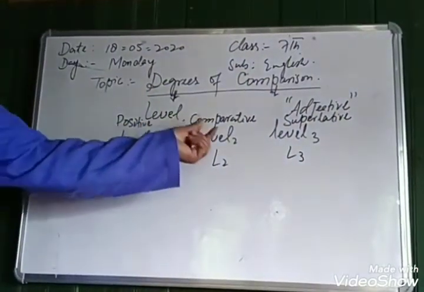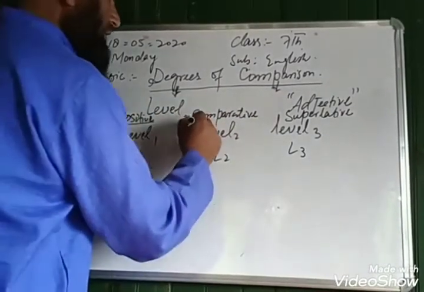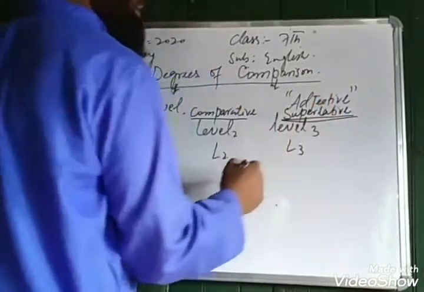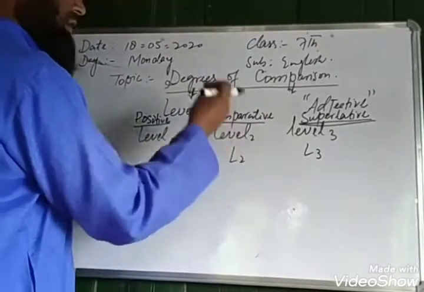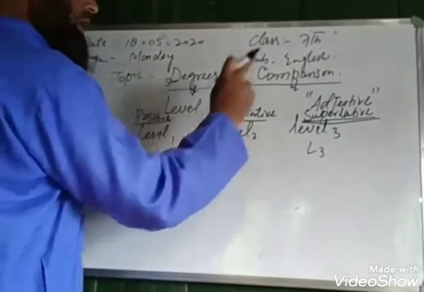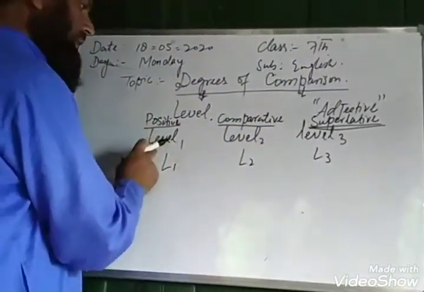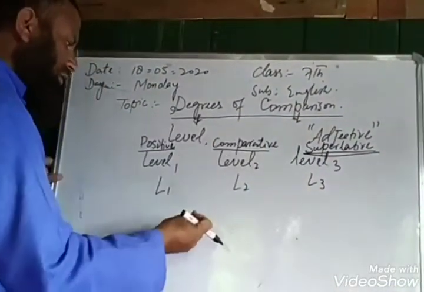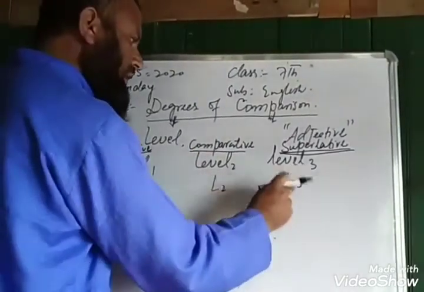Positive, comparative, superlative are the 3 levels, the 3 degrees of comparison. So an adjective has 3 degrees of comparison. In grammatical language, we say positive, comparative, and superlative. In technical language, we say level 1, level 2 and level 3. And in symbolic short form, we say L1, L2 and L3.